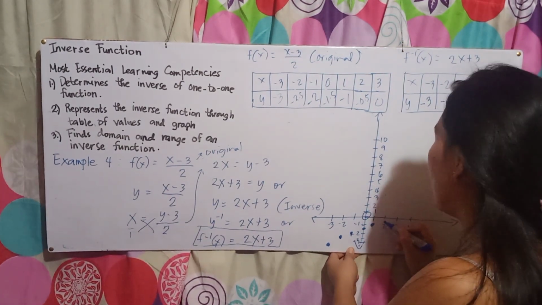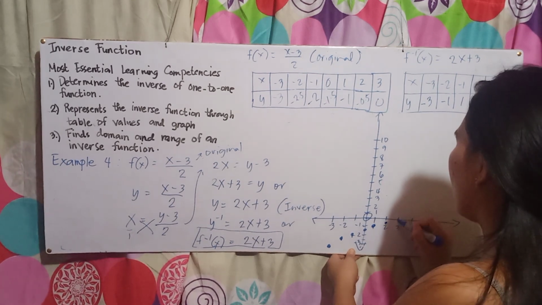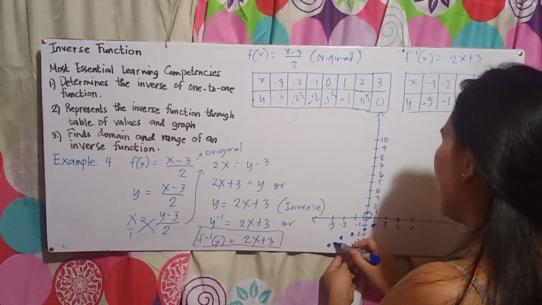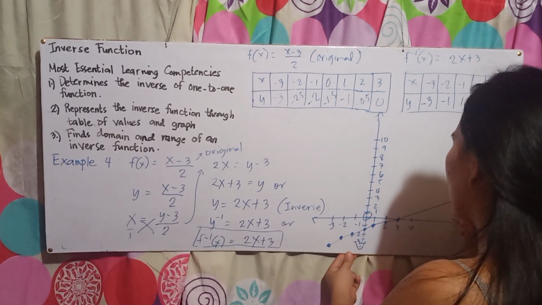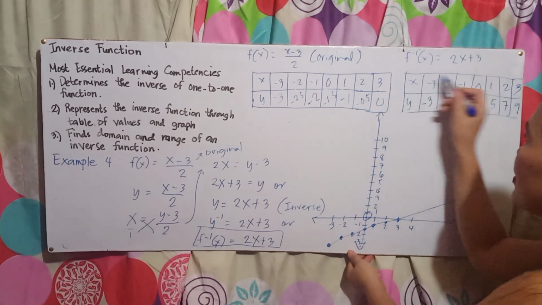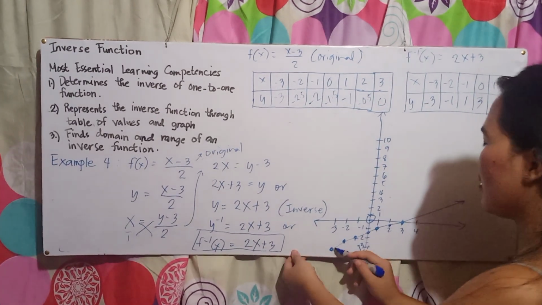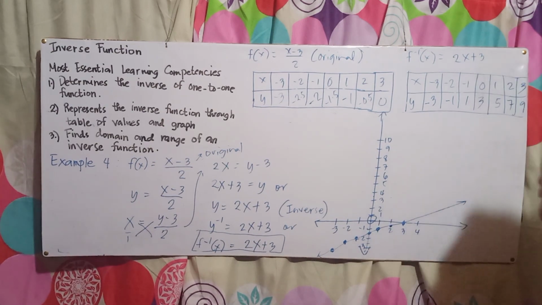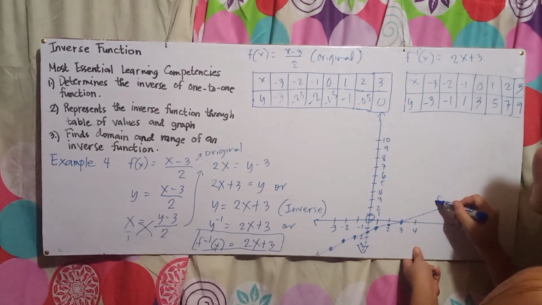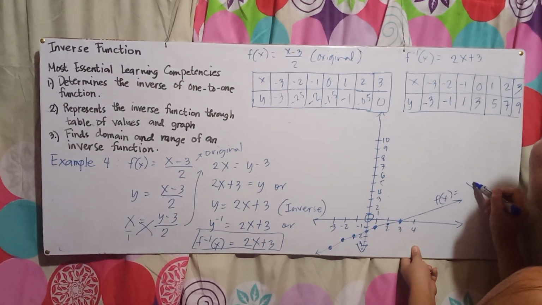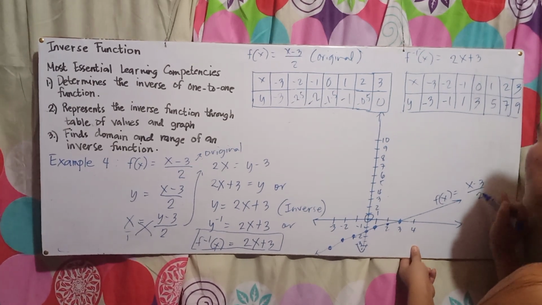Then 3, 0. When we connect and extend it, of course the graph extends. And so on. This is the graph of the original function x minus 3 over 2.